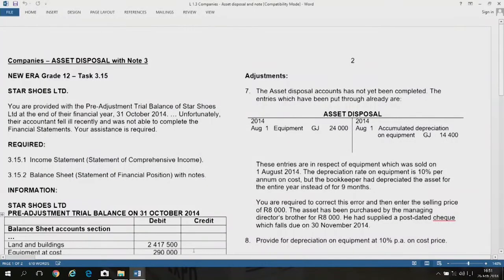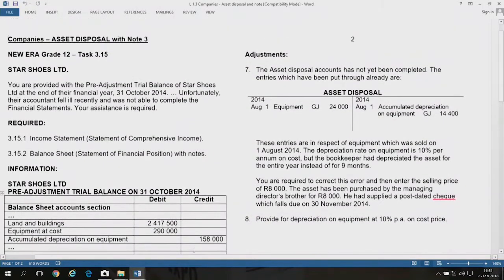The last activity that I'm going to do today is from the new era. It is task 3.15. It's an asset disposal that was not done; there's a few mistakes in there, so I'm going to try to fix it.